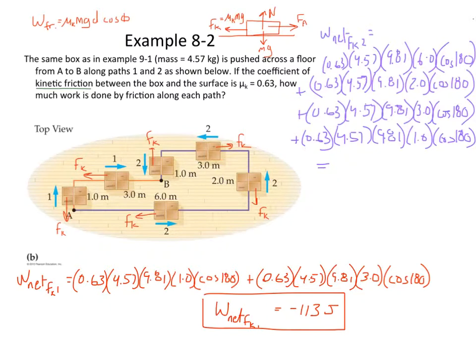I get a grand total of negative 339 joules for the work done by the kinetic friction right there.